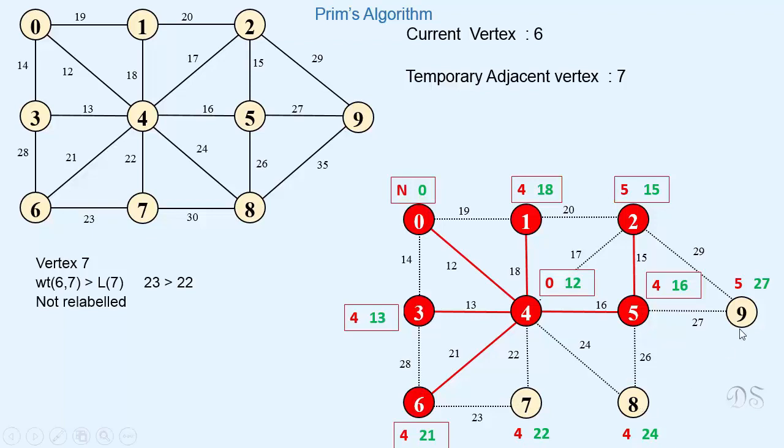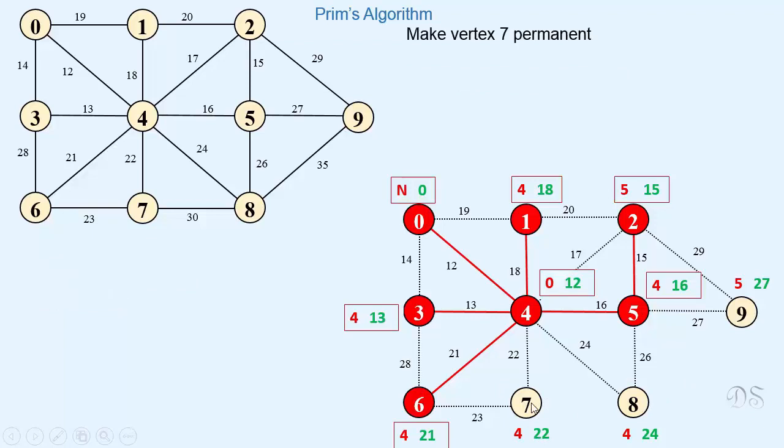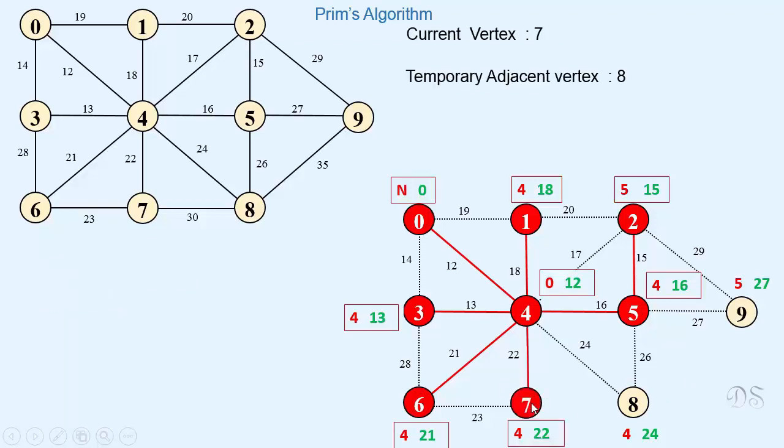Now from these 3 temporary vertices left, this vertex 7 has the minimum value of length. So we'll make it permanent, and now this vertex 7 is our current vertex. And we'll examine this vertex 8, which is adjacent to this vertex 7 and is temporary. Now this 30 is greater than 24. So we'll not relabel this vertex 8.